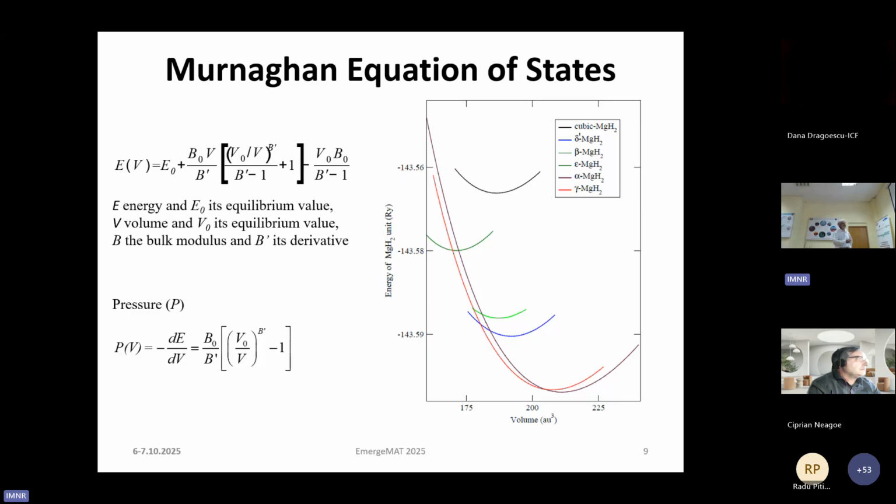So we can characterize the system mechanically. And from the derivative of energy as a function of the volume, we can calculate the pressure which corresponds to each point along these curves.